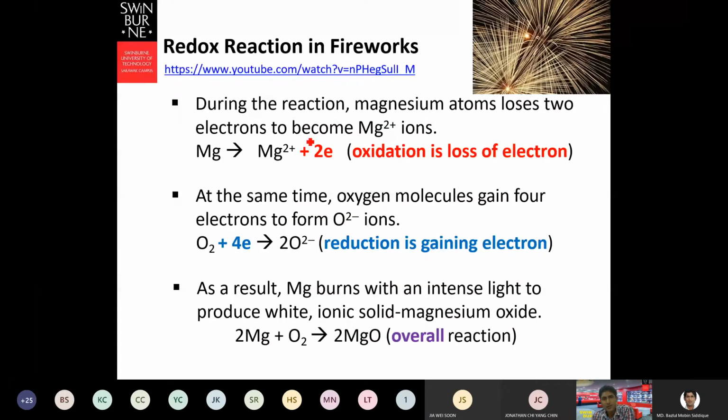All the fireworks that we watch and enjoy are due to the oxidation reduction reactions that happen in the chemicals used for these firecrackers. We enjoy it just because of the changes in oxidation state.